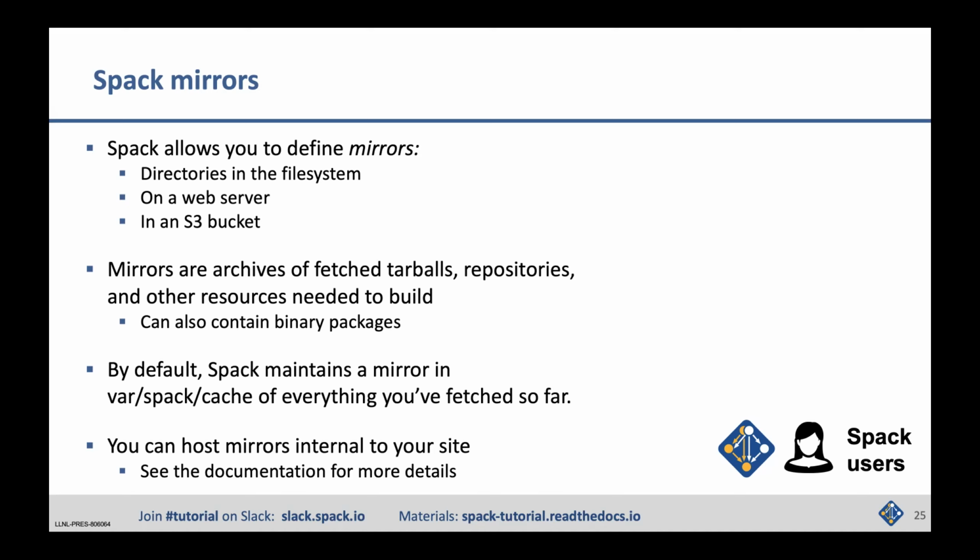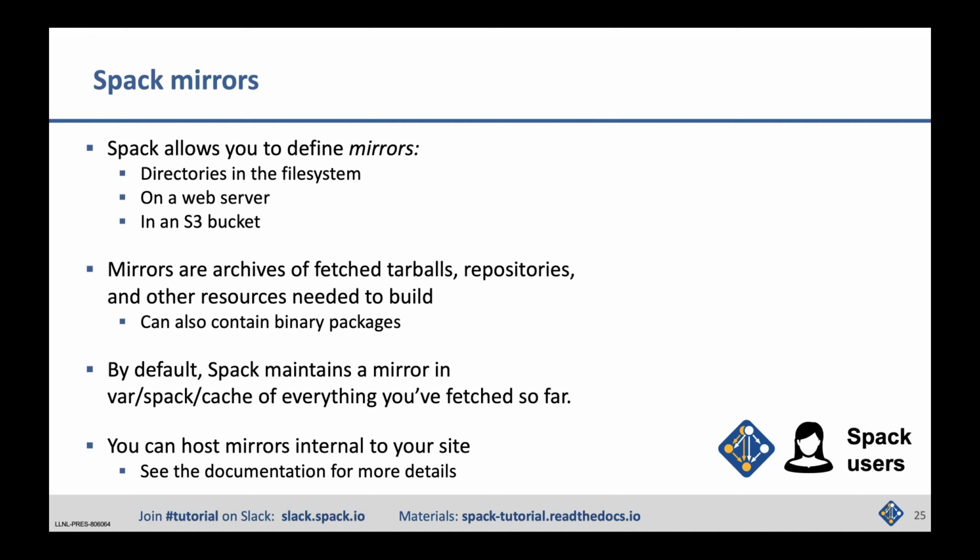And it is an archive of anything that Spack could need to download from the internet. It can have binary packages in it. It can also have source code, the resources, which are Spack's way of getting additional sources necessary for a certain configuration of a package. Patches that you fetch, all of that can go in a mirror.